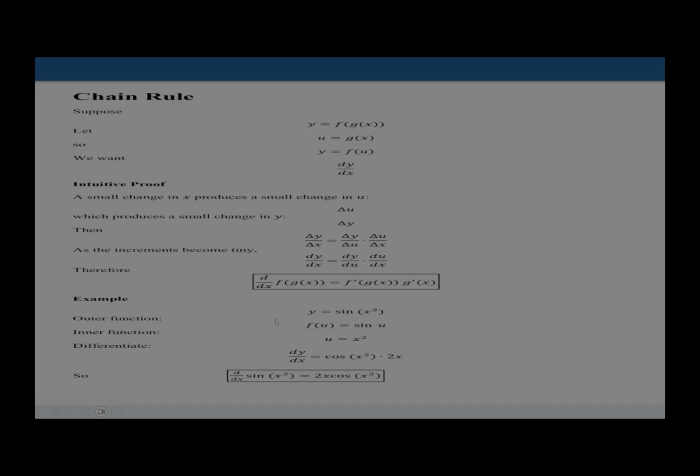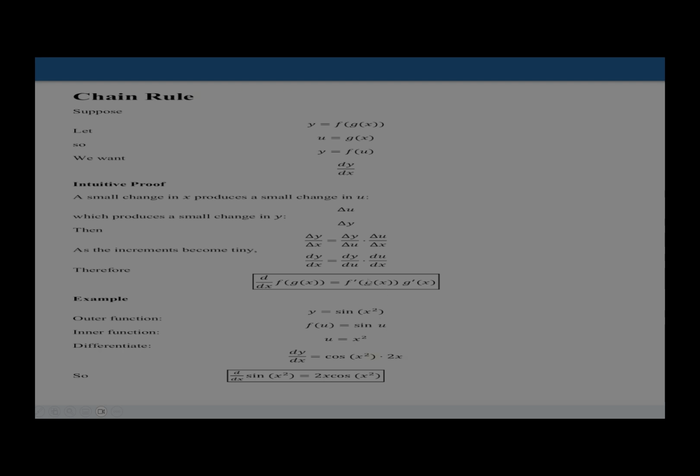So look at an example. We call them the outer function and the inner function. Say y equals sine of x squared. So f(u) is sine u, where u equals x squared. Taking the derivative of y with respect to x, we get cos x squared times 2x.